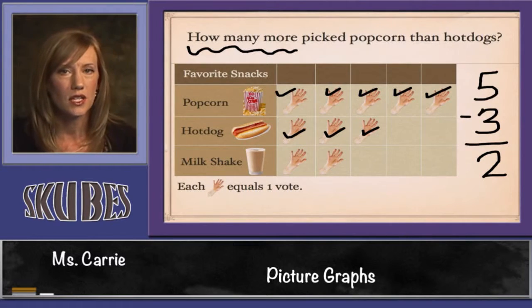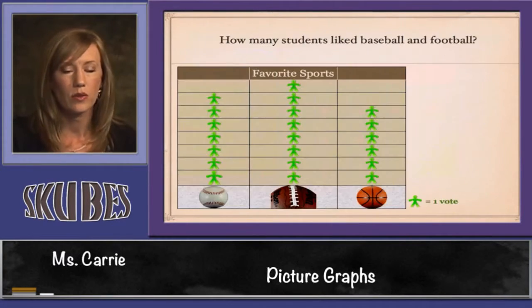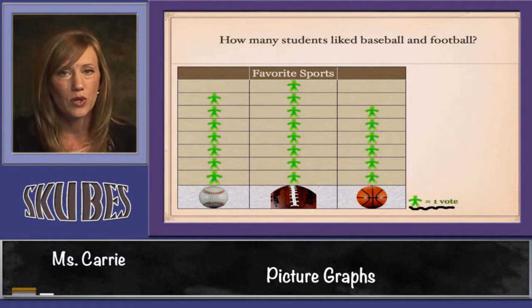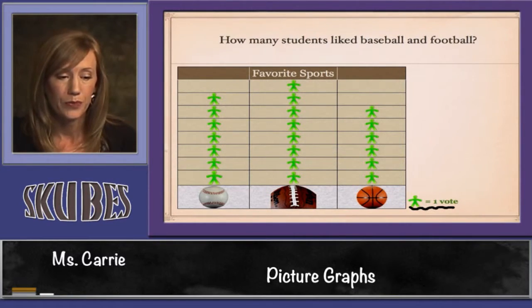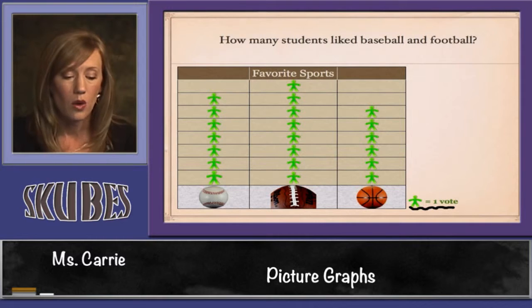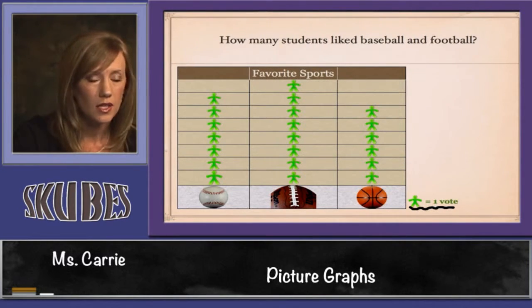Okay. Let's look at a different picture graph. This picture graph is about sports. There's baseball, football, and basketball. And if you look down here at the bottom, 1 little green person equals 1 vote. Now let's look at our first question. It says, how many students liked baseball and football? Well, to find that answer out, we need to add those up. Well, let's see how many liked baseball.